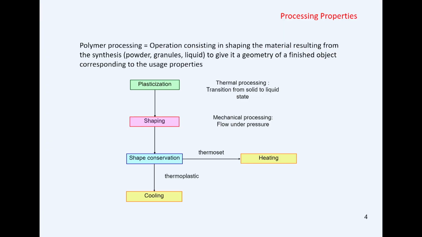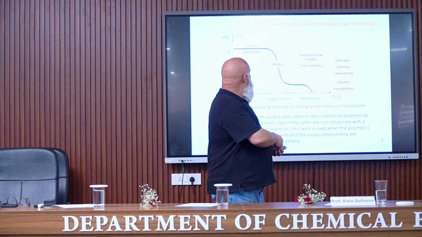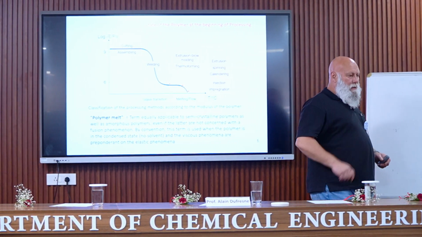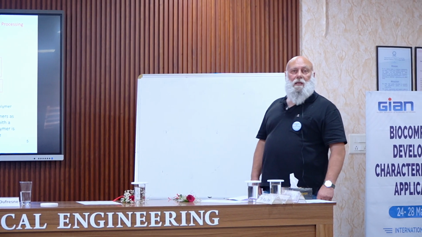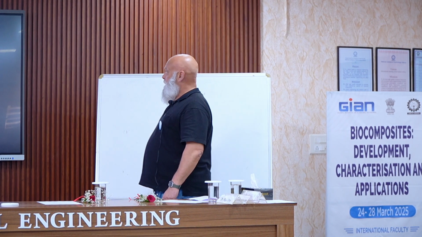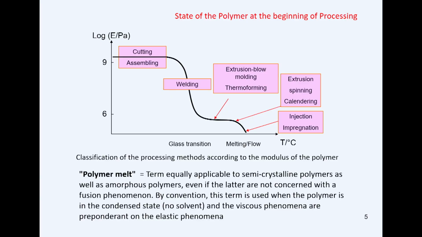On this slide, you can see the state of the polymer at the beginning of the process. Depending on the process, different stiffnesses are necessary. And you can see here the evolution of the modulus of a polymer on a logarithmic scale, as a function of temperature. So you probably know this kind of curve.